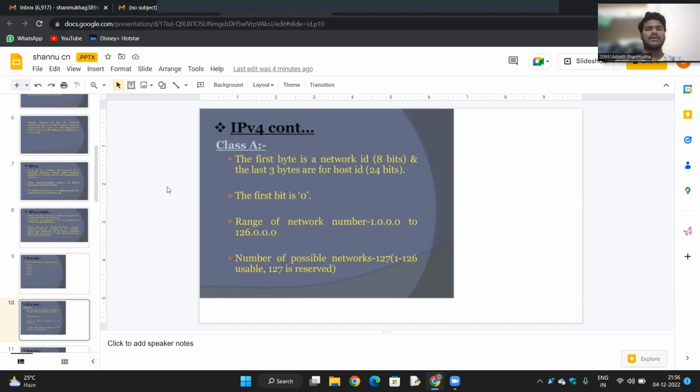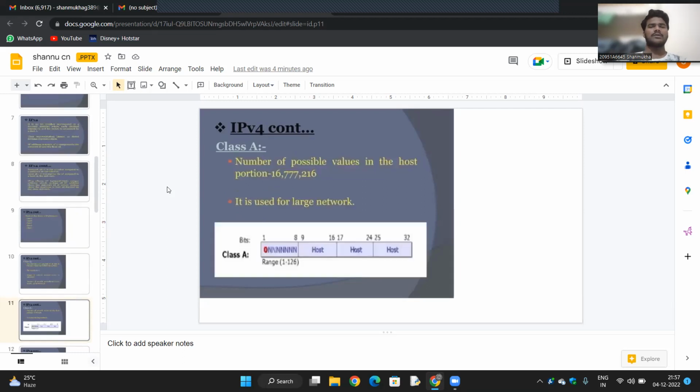The first bit is 0, and the range of the network number is 1.0.0.0 to 126.0.0.0. The number of possible networks is 127, meaning 1 to 126 usable, with 127 reserved, and the number of possible values in the host portion is 16777216. It is used for large networks.